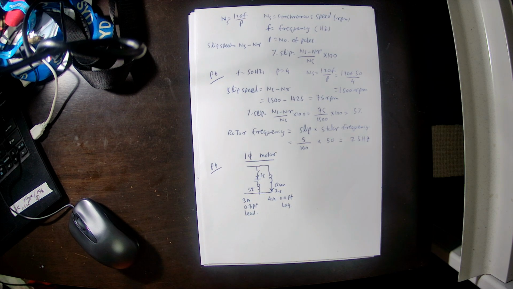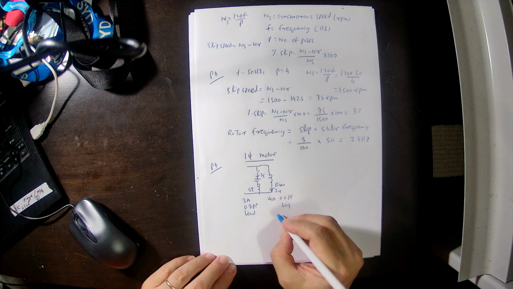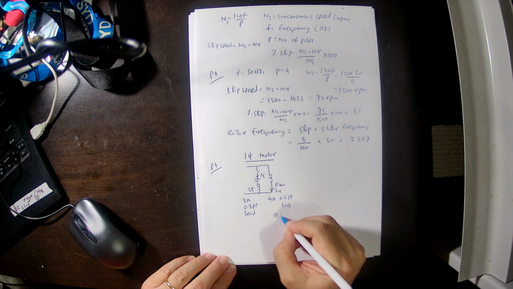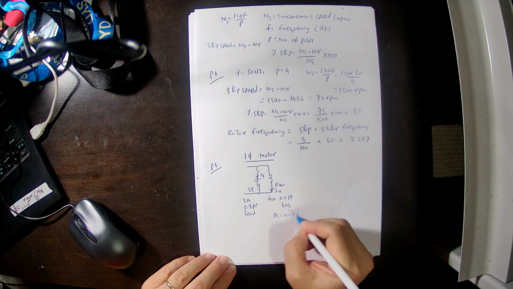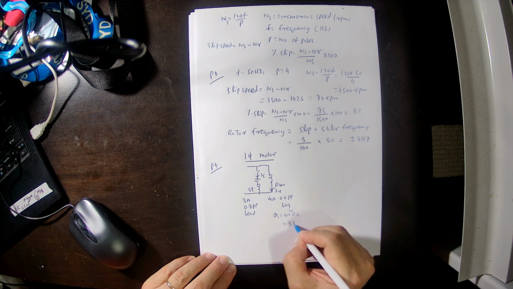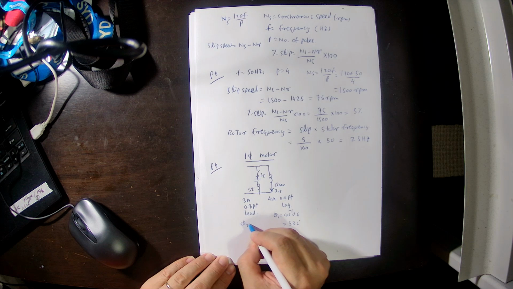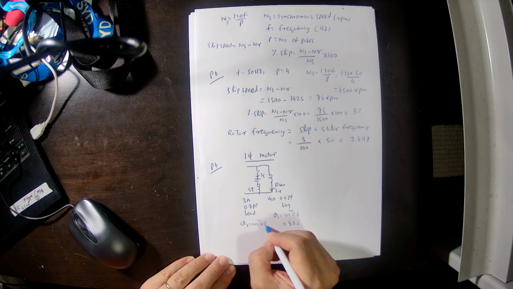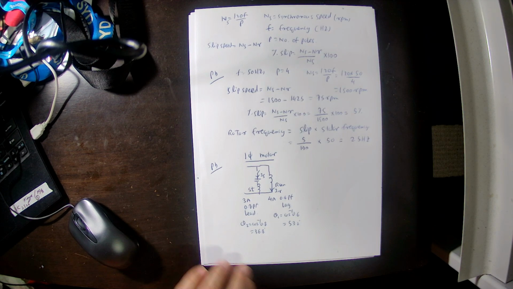So 0.6 power factor lagging and 0.8 power factor leading, and then we can plot the phasor diagram. In this case, for 0.6 power factor lagging, angle theta 1 equals cos inverse 0.6, so we get 53.2 degrees. Angle theta 2 equals cos inverse 0.8, and we get 36.8 degrees. So these are the two angles of the starting and running windings.